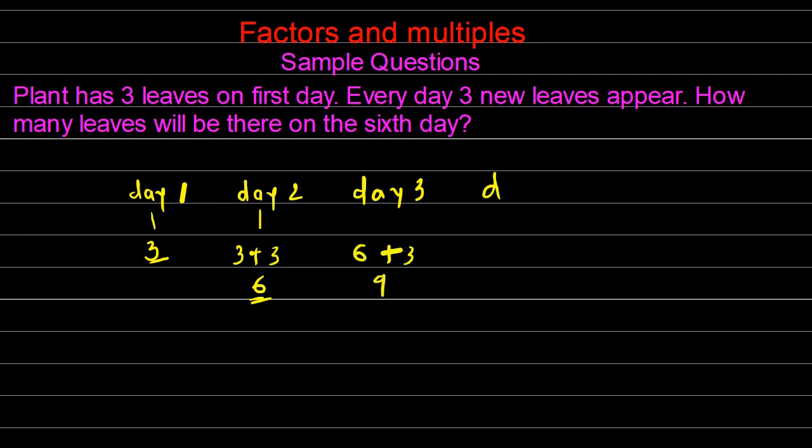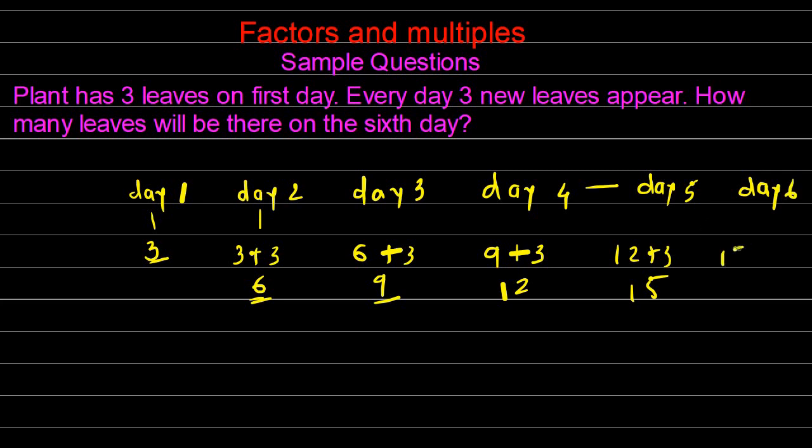Day 4, the previous day is 9 plus 3, that is 12. And day 5 will be 12 plus 3, that is 15. And day 6 will be 15 plus 3, that is 18. Okay, so this is how you can find out that on the 6th day it will have 18 leaves.